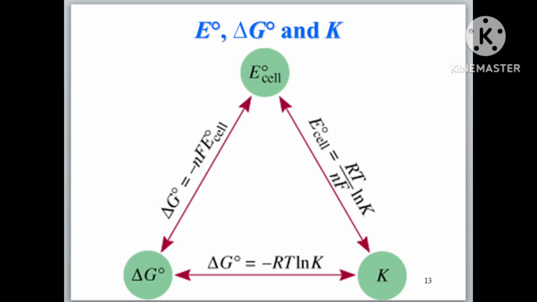Then you will get RT ln K is equal to nFE, standard cell. But better you remember them separately. Anytime you can equate, that is different. Then this I have told you.